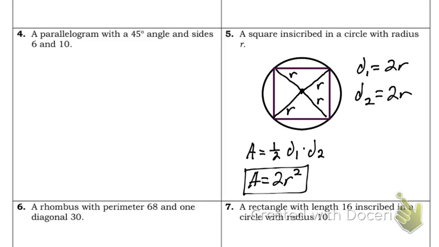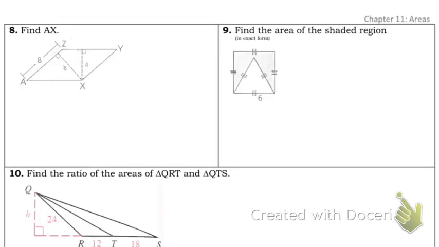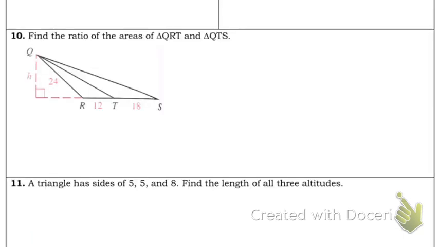Robin, is this it? What was that? 10. 10, yeah. Number 10 says, find the ratio of the areas of QRT and QTS. So we have QRT. Let's just do the areas.